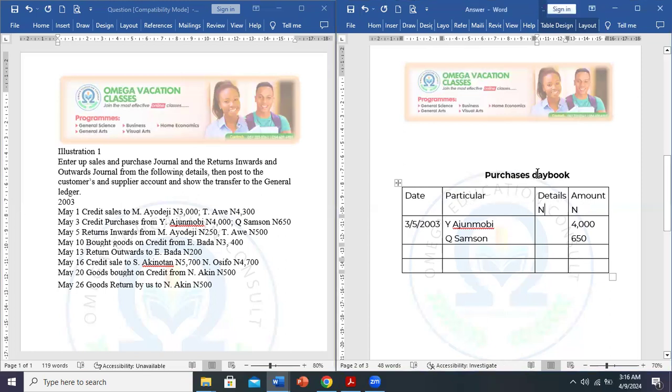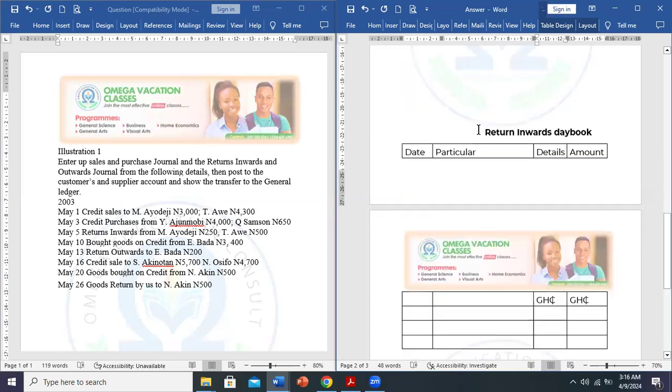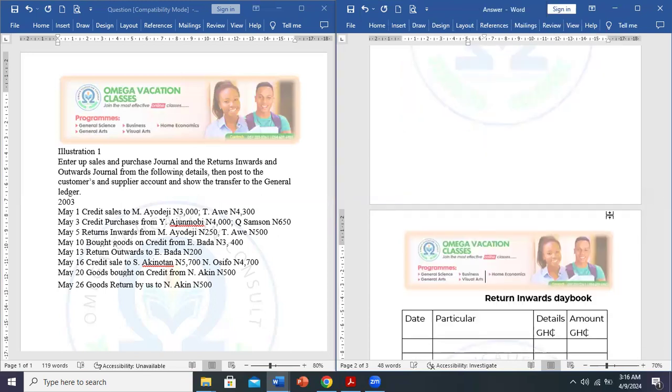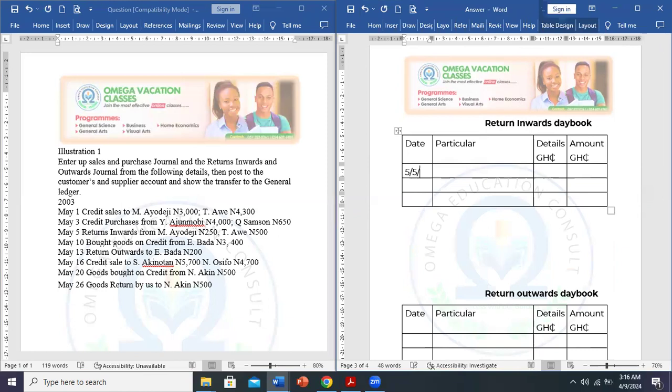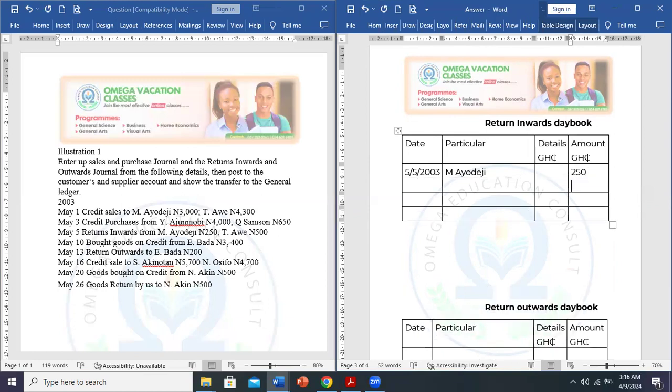So this will go into the return invoice day book. So locate your return invoice day book. Return invoice day book. 5th May 2003. You have M Ayodeji, 250, and T Away was 500.